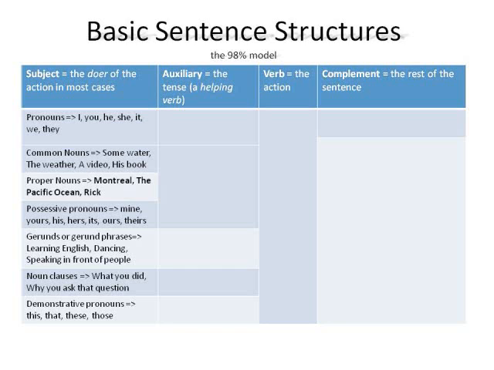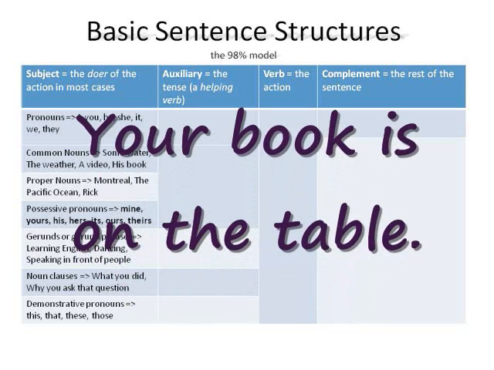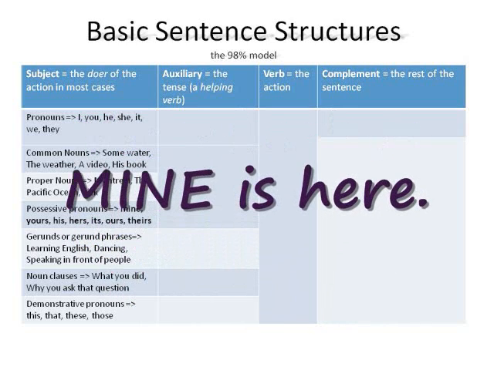We could use proper nouns: Montreal, the Pacific Ocean, Rick. We could use possessive pronouns, like mine, yours, his, hers, its, ours, theirs. For example, your book is on the table, mine is here.